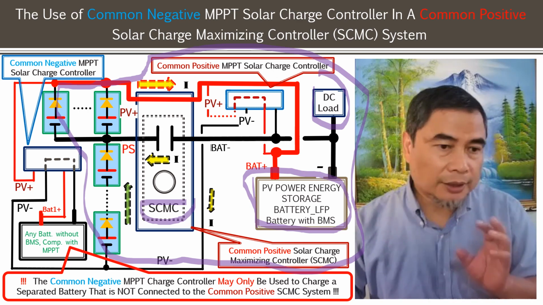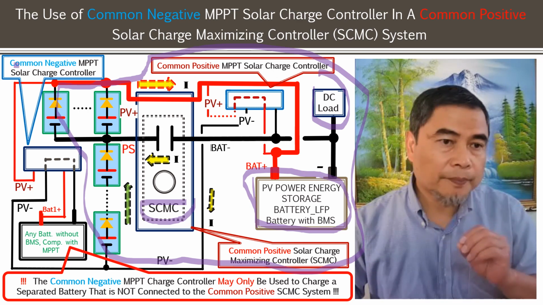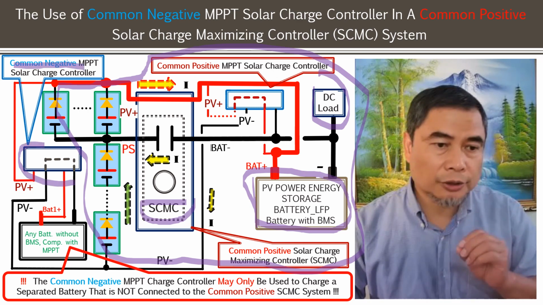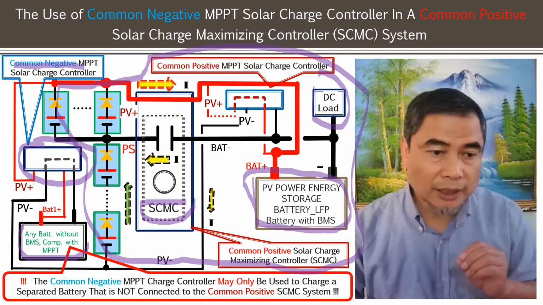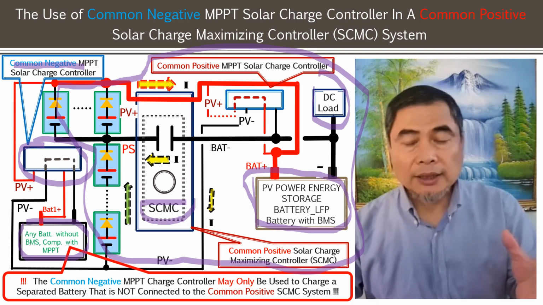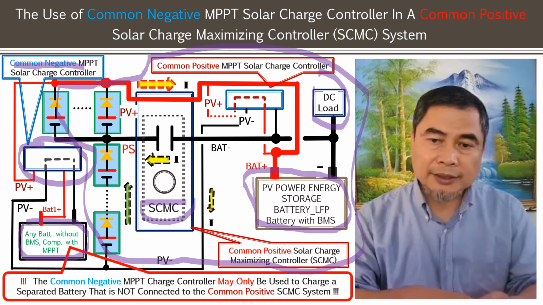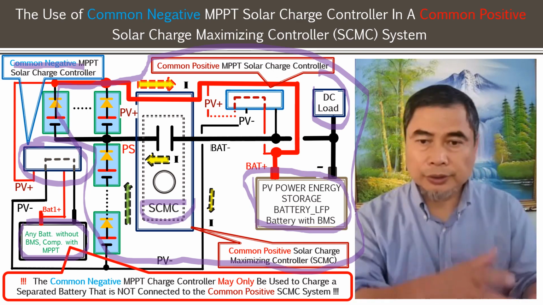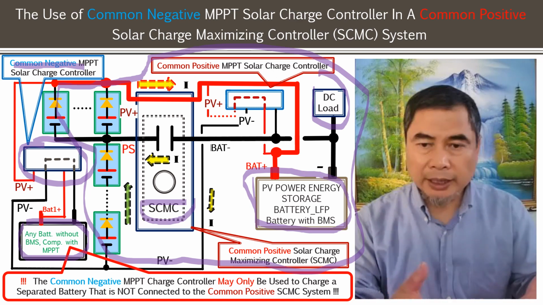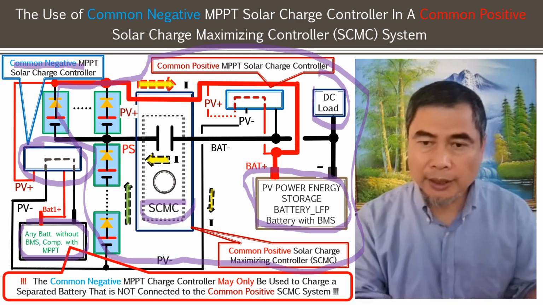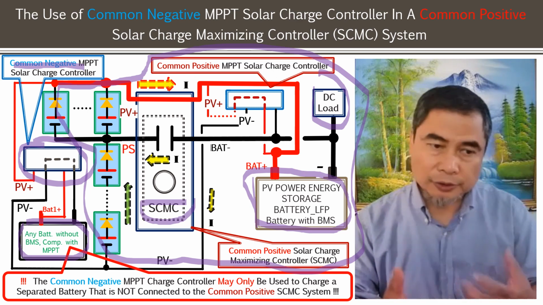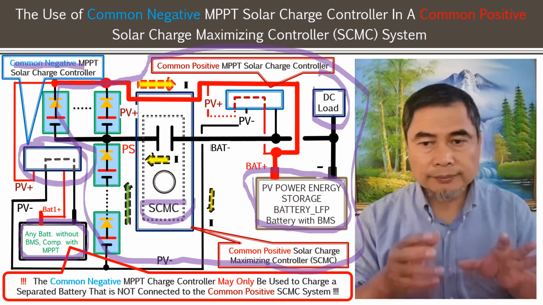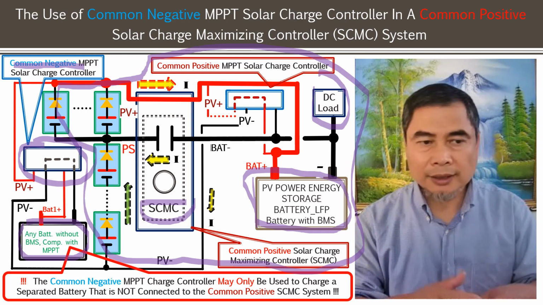So here you have a common negative MPPT solid charge controller, but you have a separate battery. This battery can be any type of battery, lead acid or gel, sealed lead acid, or any kind of battery. It doesn't need to be an LFP battery. That battery is portable with a smaller capacity. You don't have a DC load directly connected.